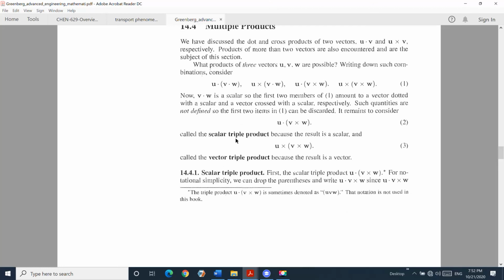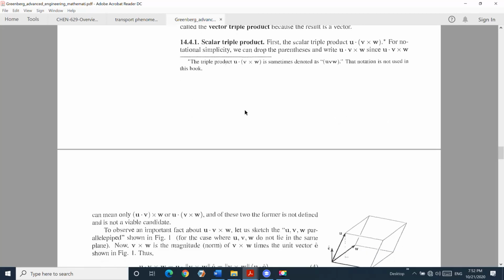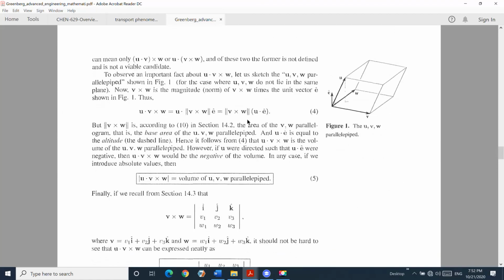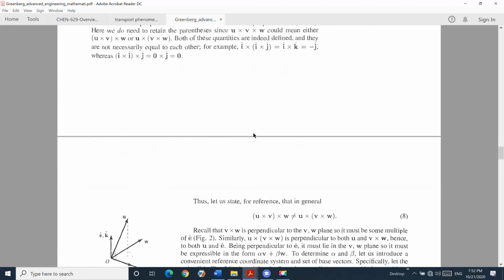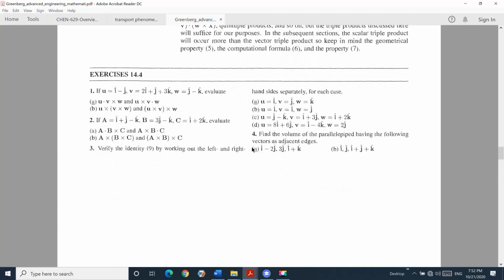We call these the scalar triple product and vector triple products. We are going to define these things later.